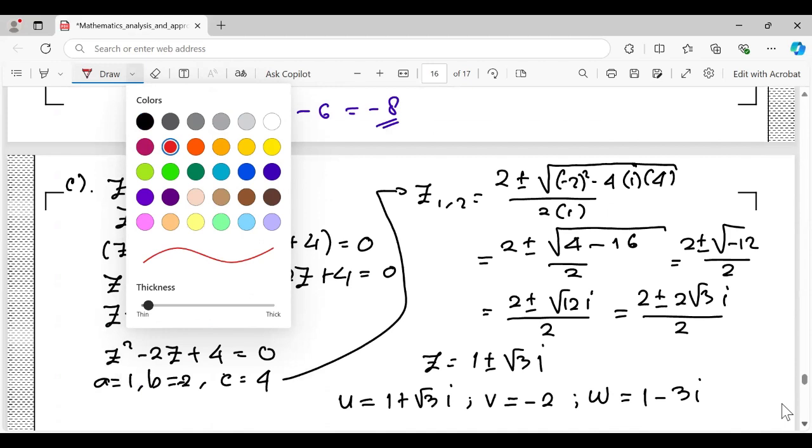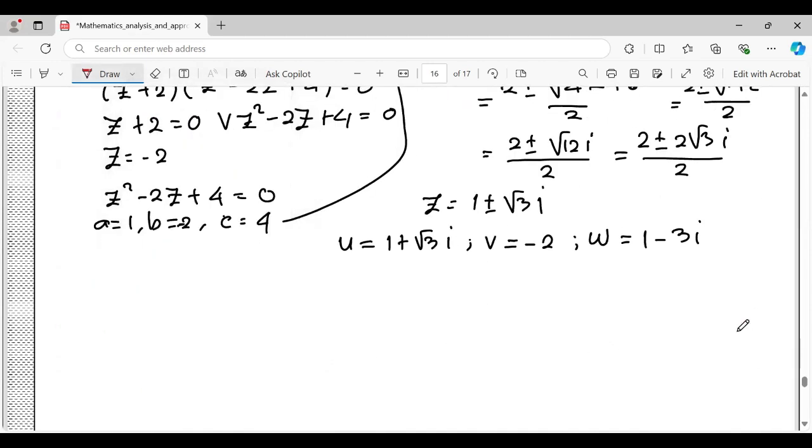Okay, sorry, okay. So area of, I will sketch first the points on an Argand diagram like this. This is imaginary, and this is the real axis. Okay, imaginary and the real axis.